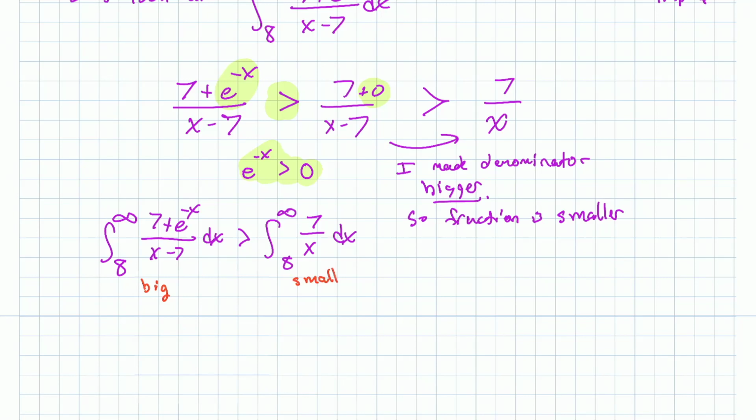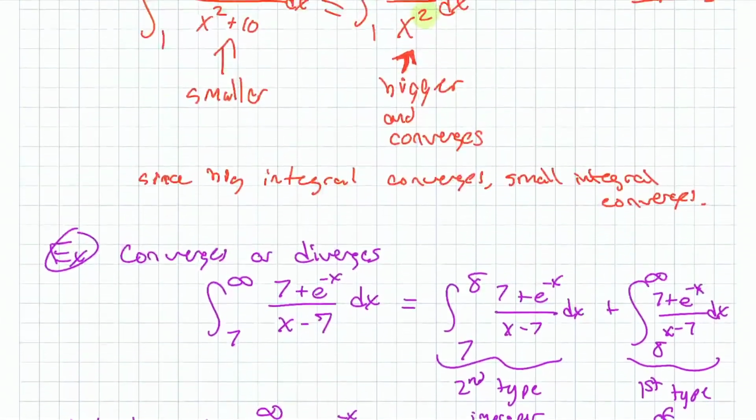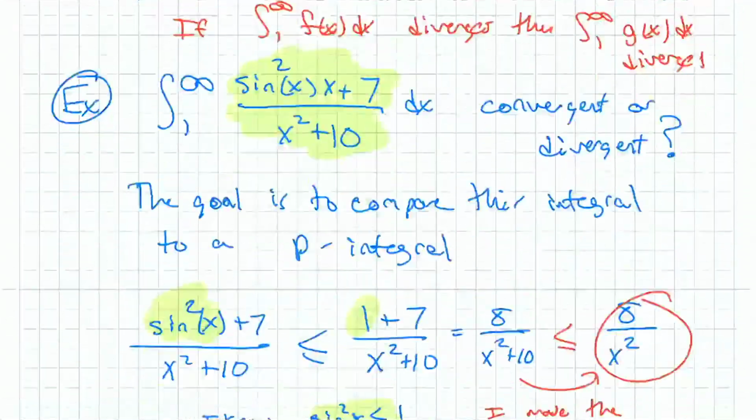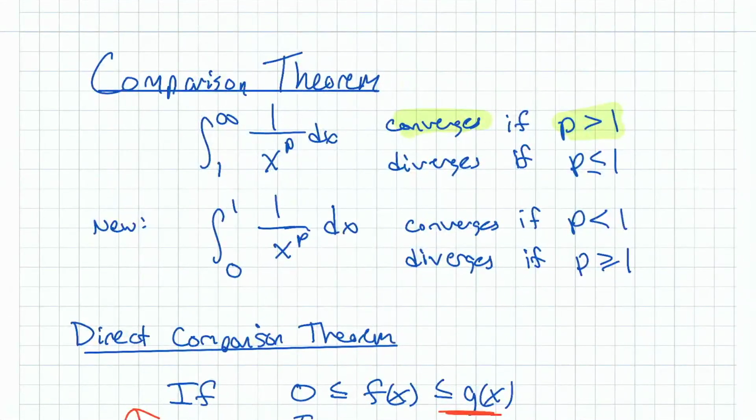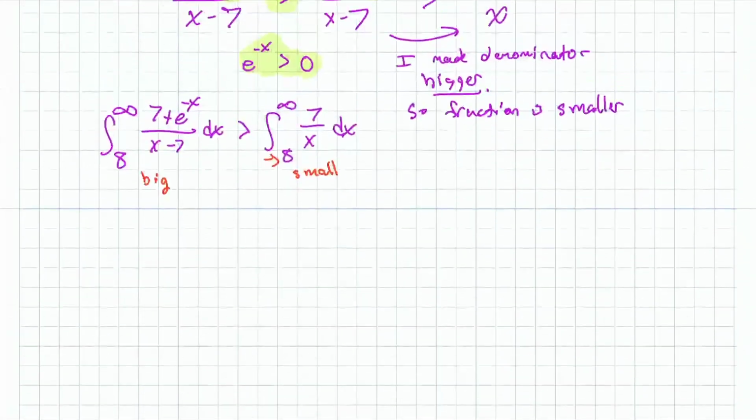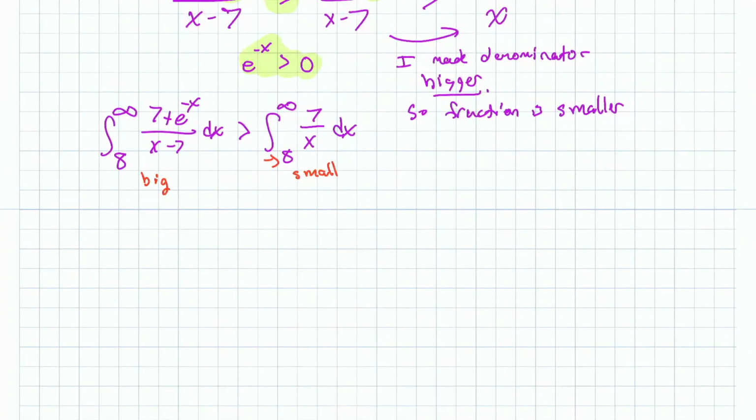And what can we say about the small one? Does the small one converge or diverge? Now, I know it's an 8 here instead of a 1 here. That doesn't matter, okay? Because it's all about what happens as you head out towards infinity. So let's look at the p integrals. So, well, what was p? p is 1 here, right?